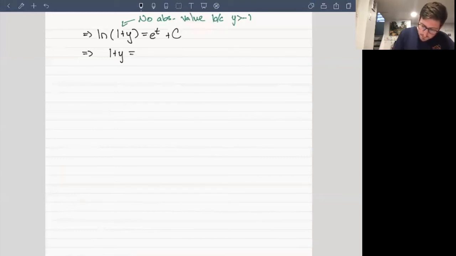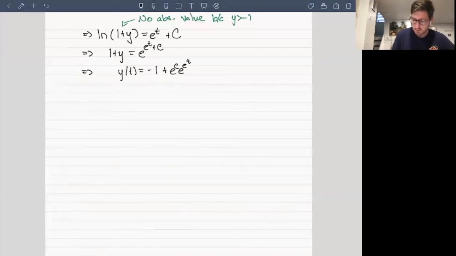And in this case, I got e and then e to the t plus c. And so now you can see that I get y of t is equal to -1 plus e to the c e to the t. So it's a very ugly function, right? It's doubly exponential.